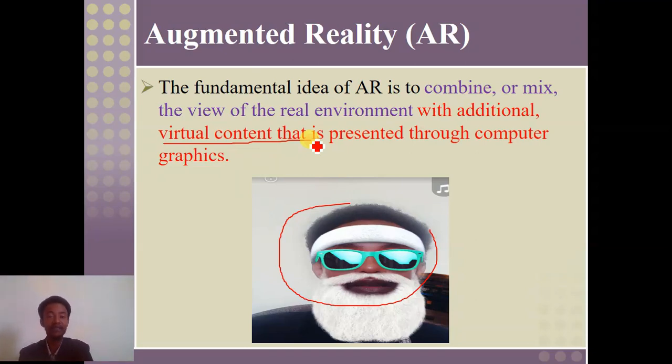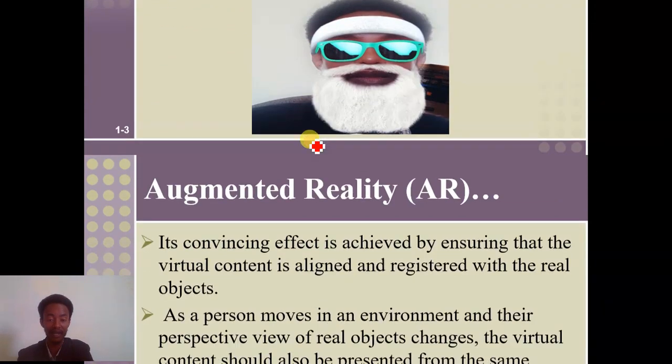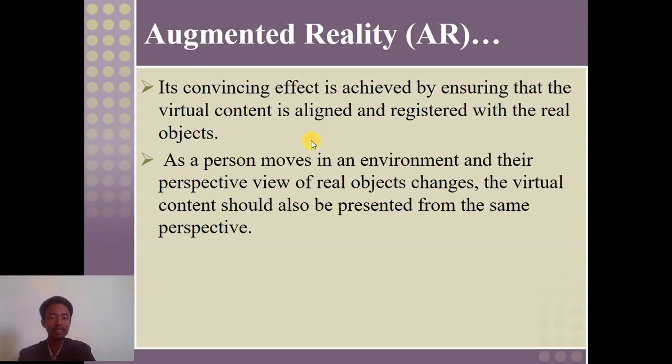This is a very fundamental idea of augmented reality. So it is a convincing effect, the effect that has been added upon our real world, by ensuring that the virtual content is aligned and registered with real objects. Each and every effect that has been added on our real world has been registered and aligned, and it may look like the real object, the real entity.